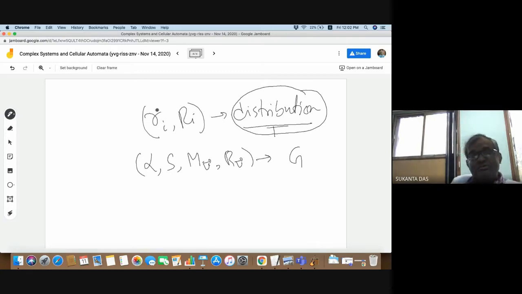Here also a configuration. These things are very common, the similar kind of definition.